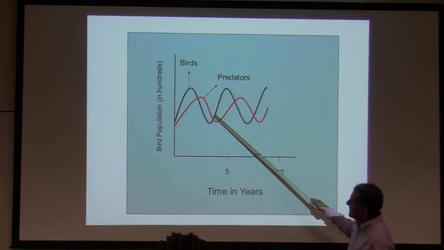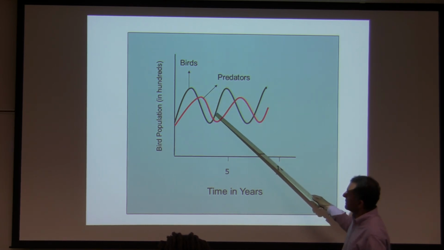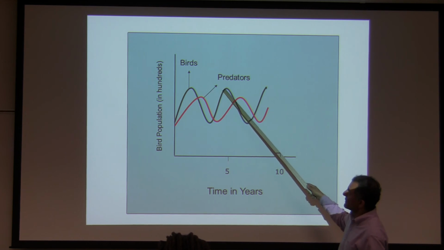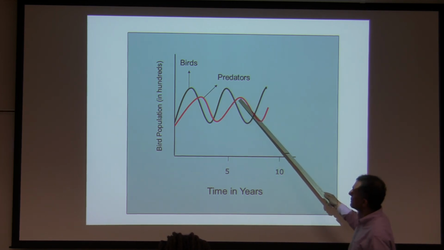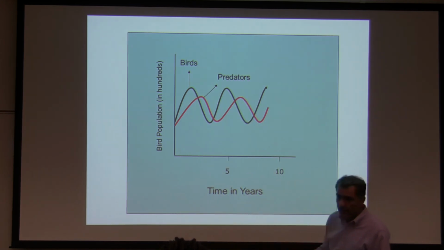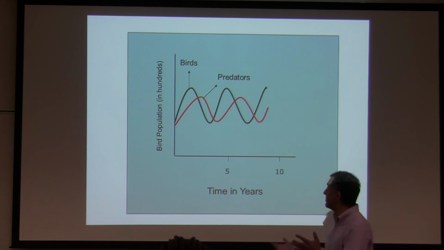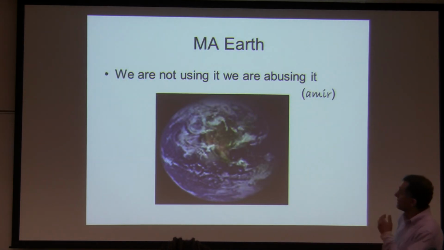Over a period of time, since the predators are dying because of lack of food, the population of the birds goes up and then down again, and so on and so forth. It's population ecology, something your textbook mentioned.